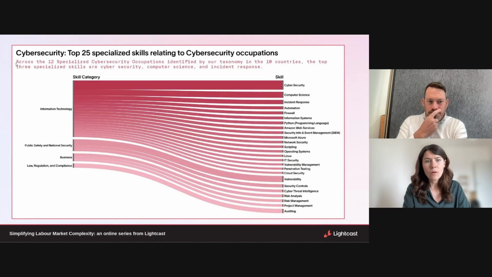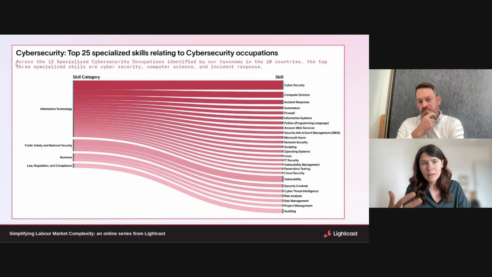And again, to give you an example, if we look at the skills that are most in demand in cybersecurity roles, in the countries that we were looking at earlier, so 10 countries across the world, we see that many of the skills they require are related to information technology, but they also require skills related to public safety, where we're talking about cybersecurity, business, and law and regulation and compliance. And so we can see the big picture, so the type of topics, the macro areas, and then we can zoom in into the details of the specific skills.